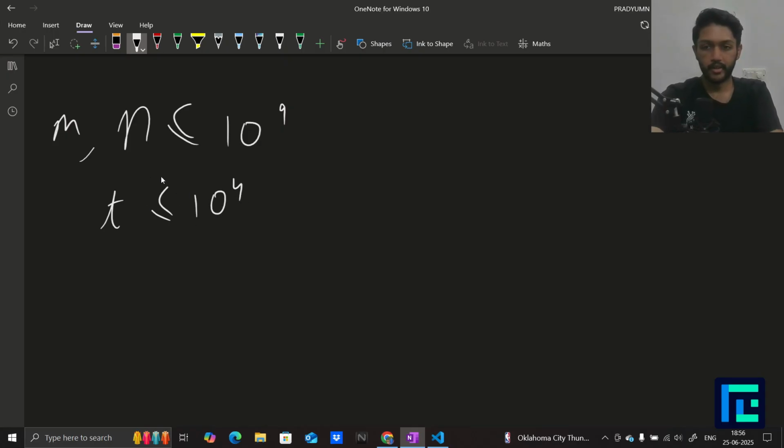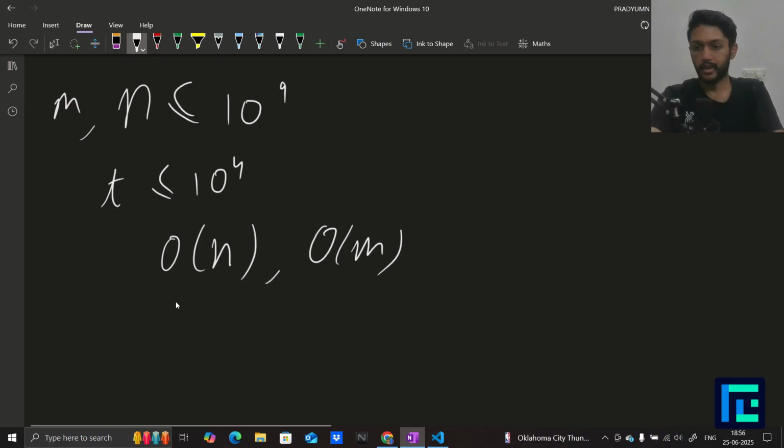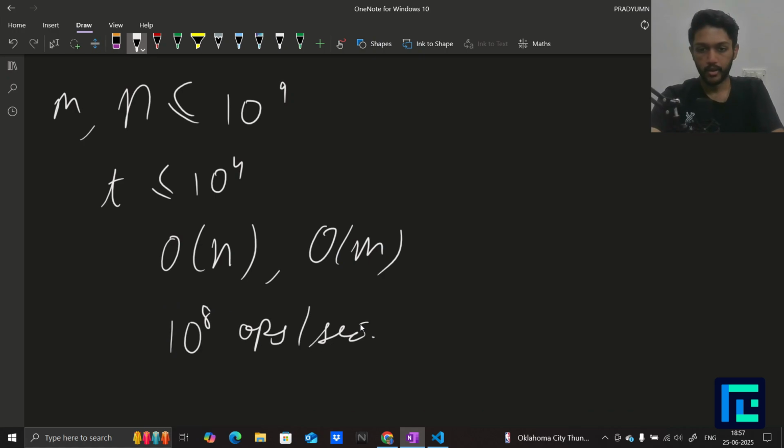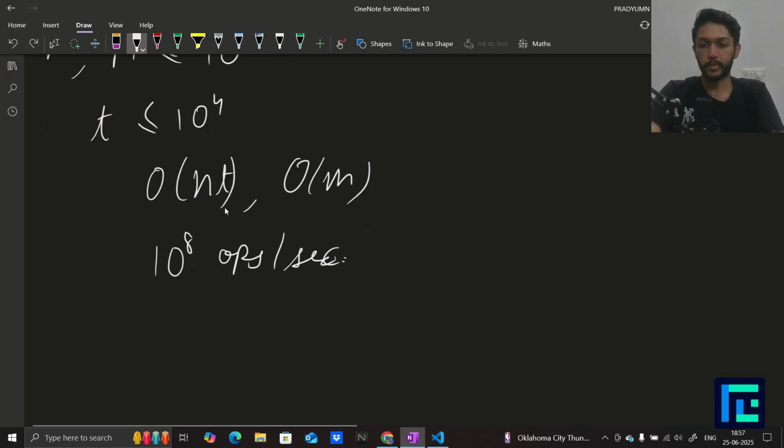So basically you cannot really do O(n) or O(m) solutions, because in 1 second you can only pass 10 to the power 8 operations. That is not possible, because you have a t also with this. You have n times t, and that will not pass because it is 10 to the power 13.